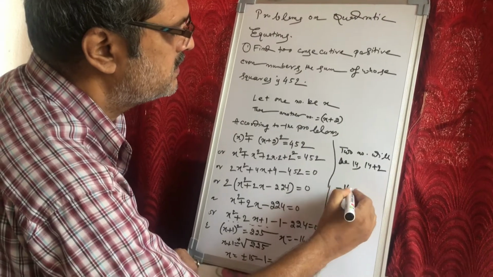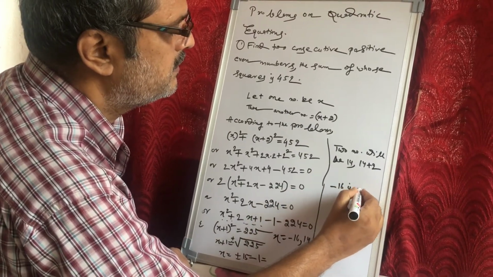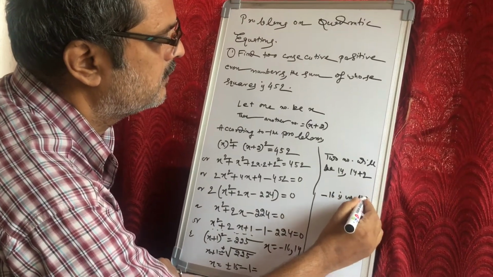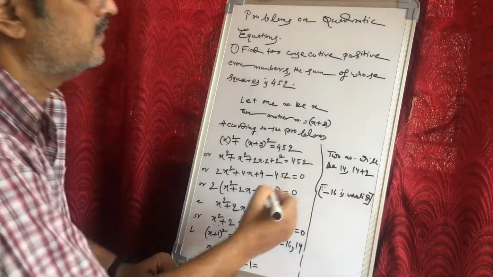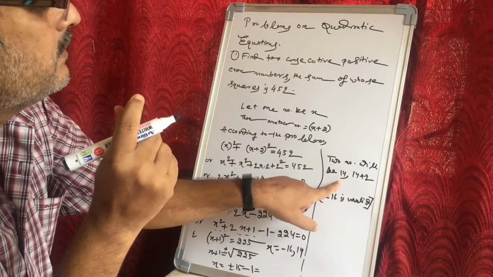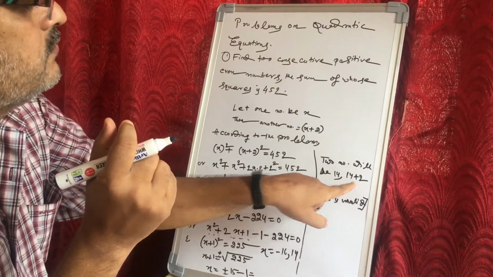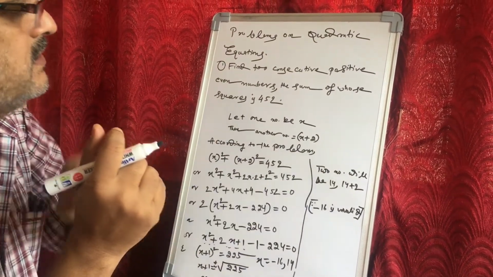Minus 16 is invalid. So the two numbers will be 14 and 14 plus 2, that is 14 and 16.